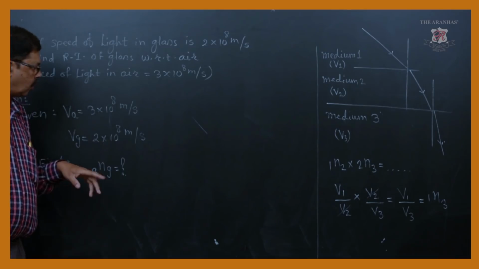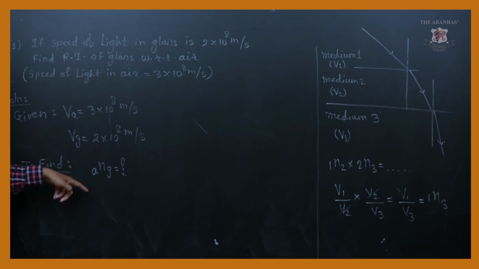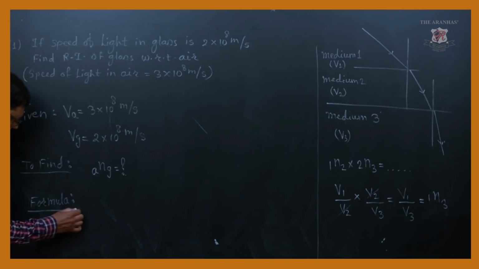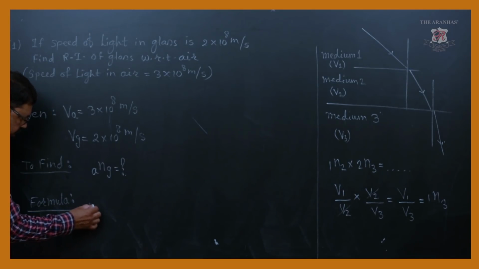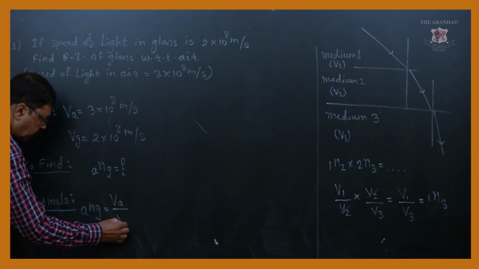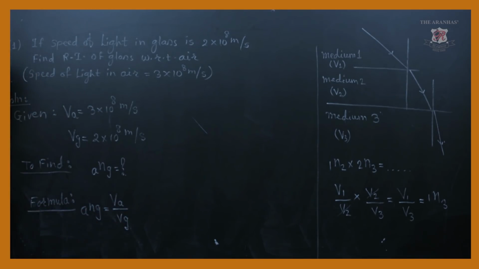Now think about what is the relation between the three quantities. So the next heading will be formula. What is the formula? anG equals VA upon VG. anG, the refractive index of glass with respect to air, equals velocity in the first medium upon velocity in the second medium.